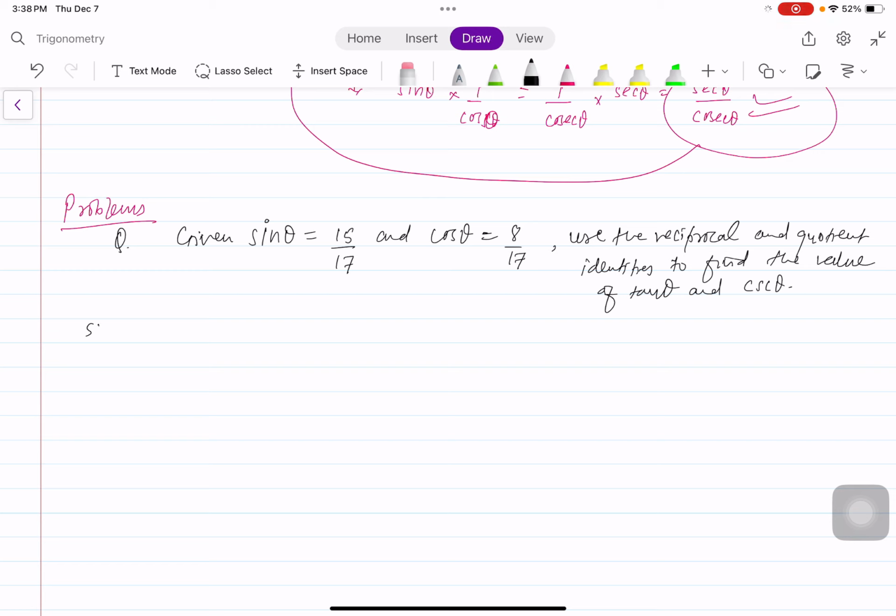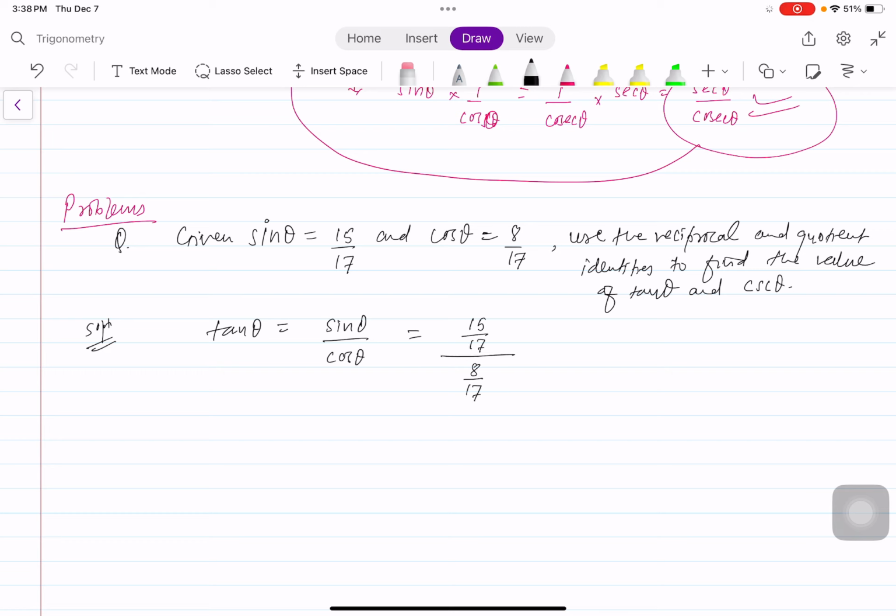So, the solution for this problem. The instructions clearly say to use reciprocal and quotient identities wherever necessary. First, tangent theta. We know that the quotient identity is sine over cosine. This is very straightforward. Sine is 15 over 17, whole over 8 over 17.